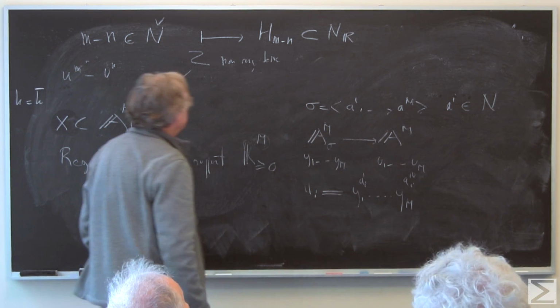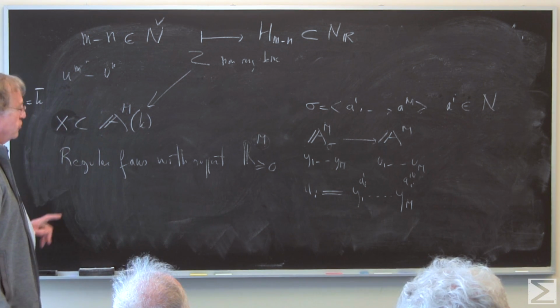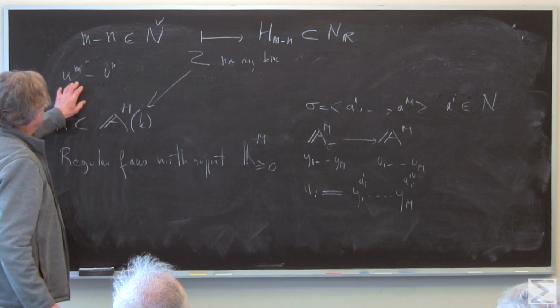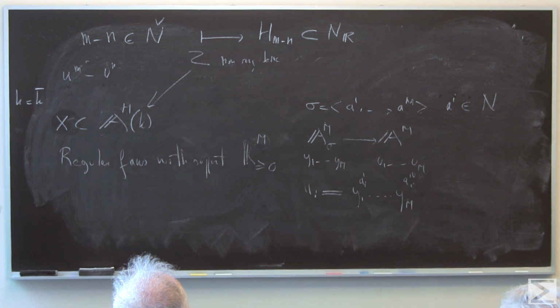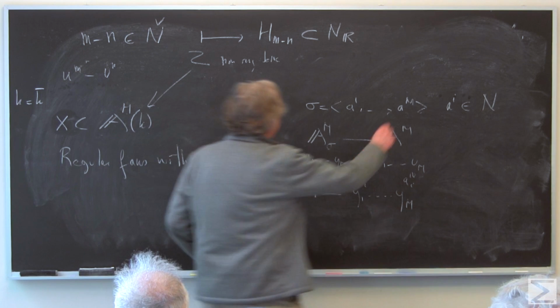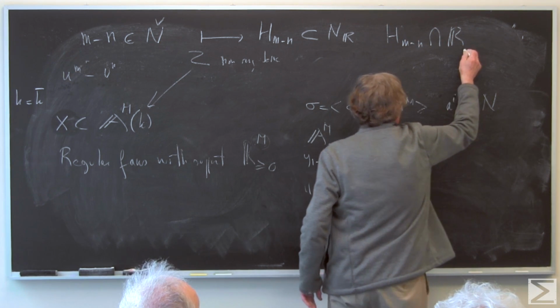This is a hyperplane, and because my binomial has to be a true binomial, neither m nor n is 0. The components of the vector m minus n have different signs, which means that this hyperplane meets the positive quadrant.